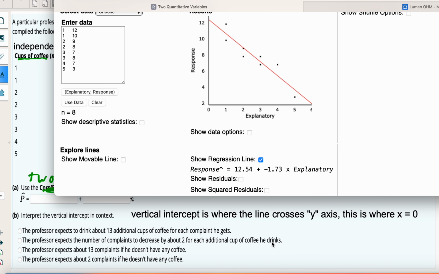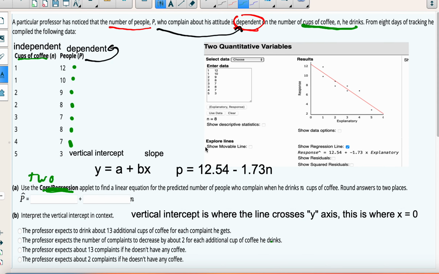Let me go back here. I have that cut and pasted right into my document here, and this is the line that it came up with. The response variable, that's the same thing as our dependent variable.